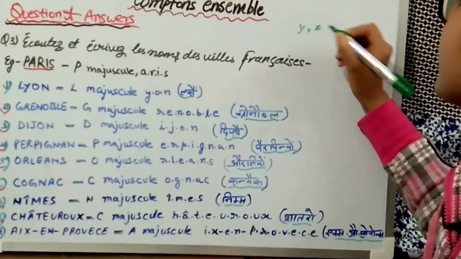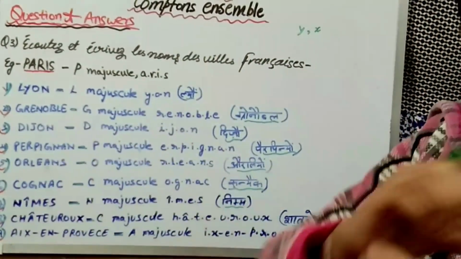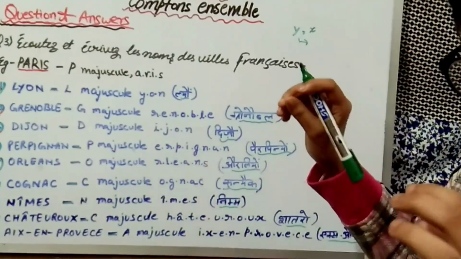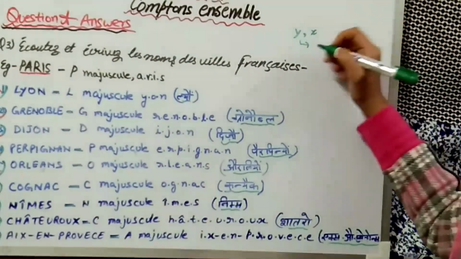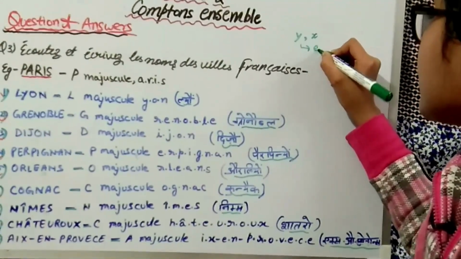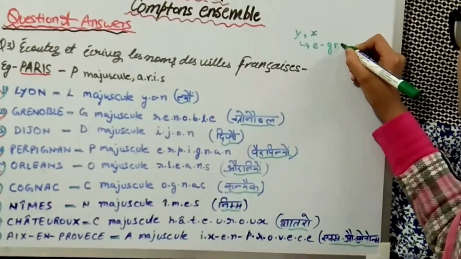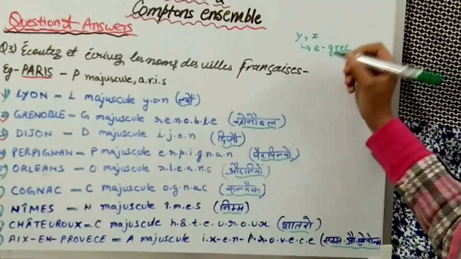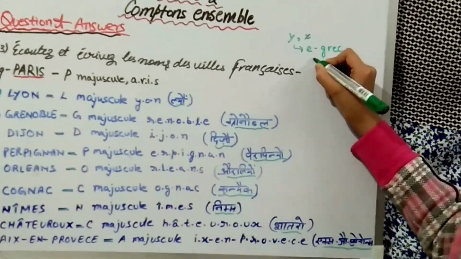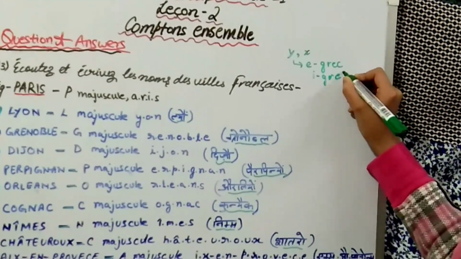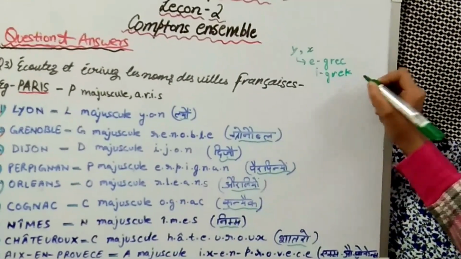So these have a totally different pronunciation that does not match at all. I am writing just the pronunciation of how we pronounce Y: I-grec, I-G-R-E-C, or someone can also write it as Y, I-G-R-E-C-Q.